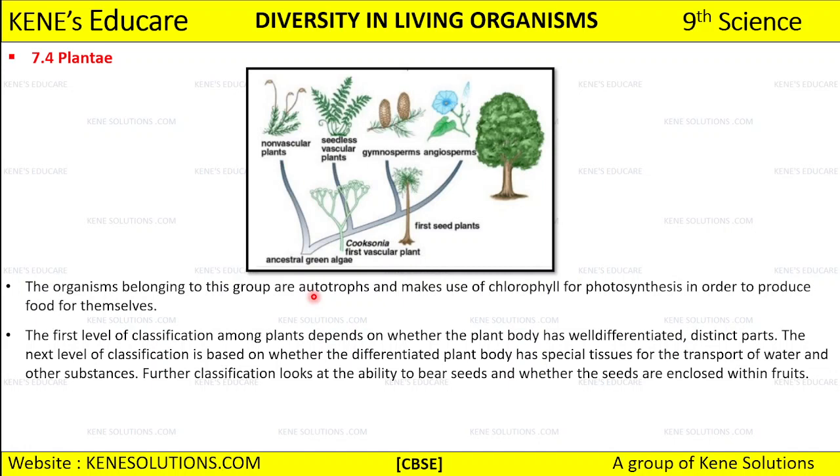Because plants have chloroplast within their cells, and chloroplast has a photosynthetic pigment called chlorophyll, which helps the plant in making its own food. That is why all the plants that come under kingdom Plantae are called autotrophs. They make use of chlorophyll for photosynthesis in order to produce food for themselves.